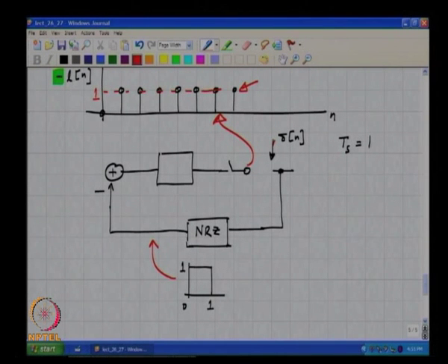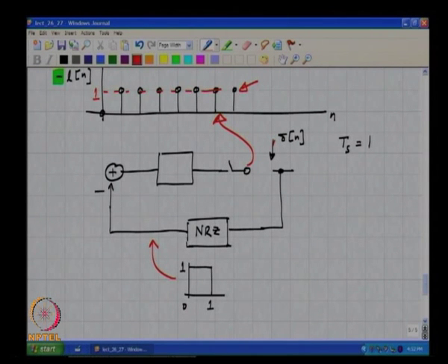So, what do you think must be there in the box in order that you get a waveform whose samples will be 1 when excited by a pulse as shown here? It should be an integrator. You understand?